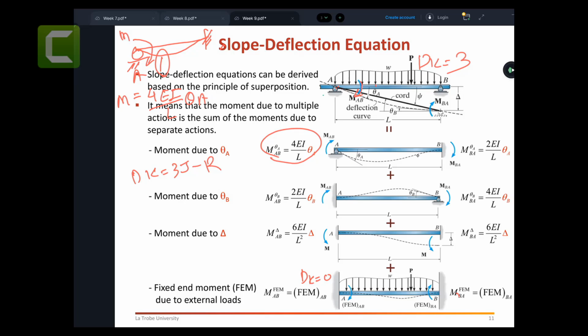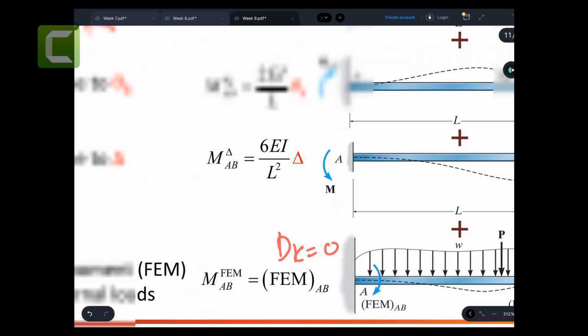That would be half of what you are getting here, right? You can do the calculations here, by the way. That will help you find that it is 2EI on L theta A. So that is the reaction moment. If someone applies the moment 4EI on L theta A, then at the other end the reaction moment is 2EI on L theta A. Oops, sorry.